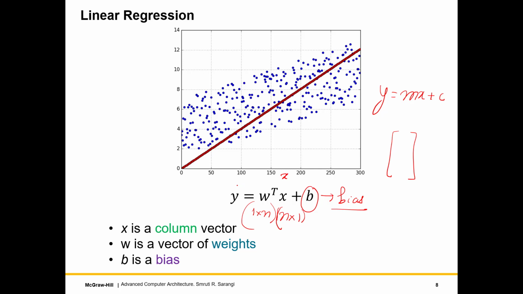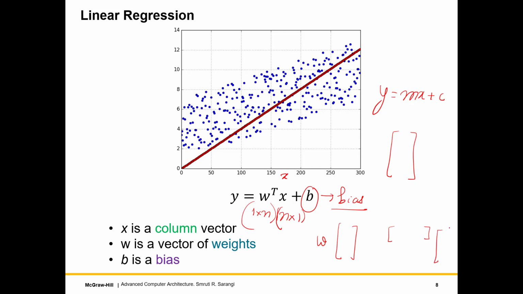So what we see is that linear regression is not limited to a 2D scenario exclusively. It can be used for a multidimensional scenario as well, as in this case. So in this case, it is basically the product of a row matrix and a column matrix. Actually, it's a dot product if you think about it, because if I take the weight vector, which is a column vector, and compute its transpose, it becomes a row vector.